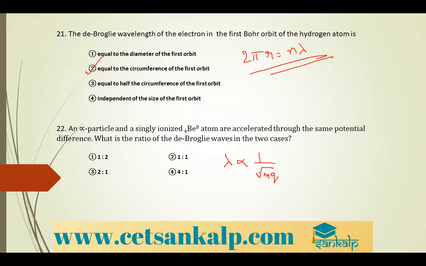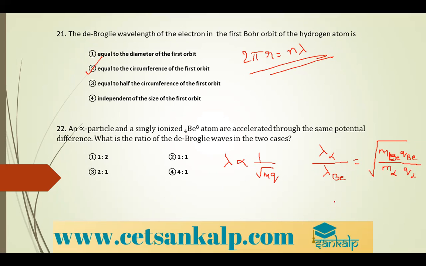So just the terms I have taken. Now what they are asking is the ratio, lambda alpha by lambda b e, which is equal to root of, inversely proportional, so mass of BE times Q BE divided by mass of alpha times Q alpha.